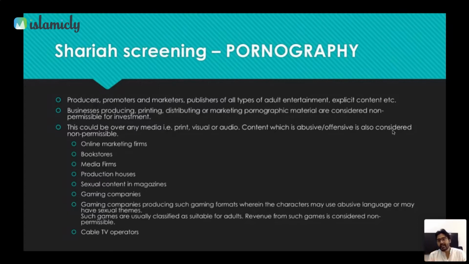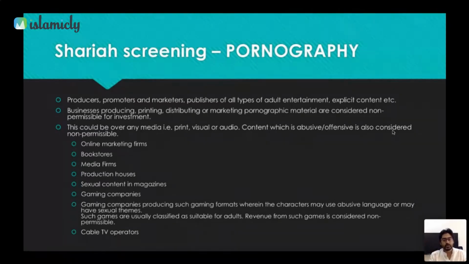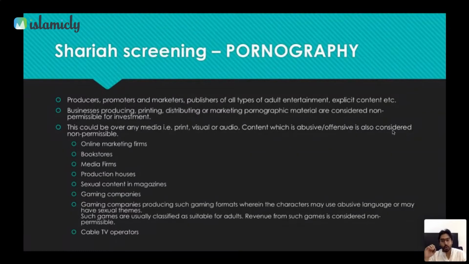So let's say there's content which is non-pornographic or explicit in its nature, but it's very abusive. So there's use of bad language or foul language, or there is a lot of aggression, or it is very offensive, it's derogatory in nature. Producing of that content is also considered non-permissible from a Sharia screening perspective.